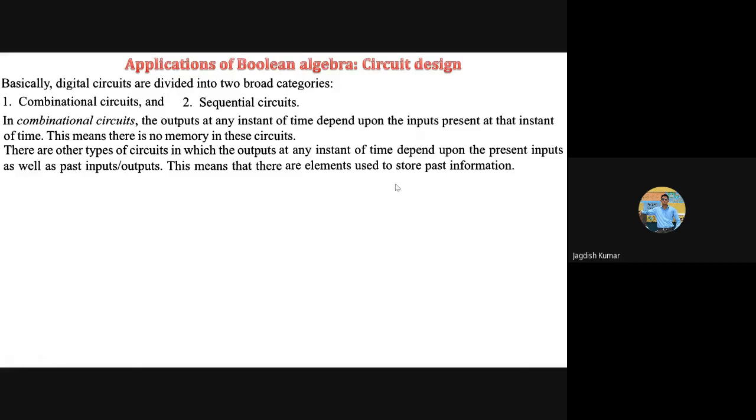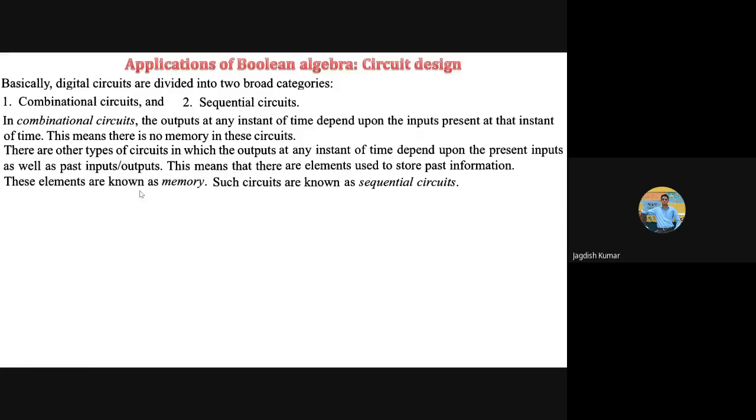But for now, what is the difference between combinational and sequential circuits? The combinational circuits are those circuits for which the output just depends upon the present value or the corresponding value of the input at that particular time. Whereas in the other case, the output may also depend upon the past values of the inputs.